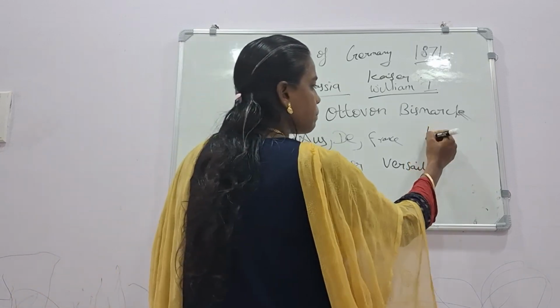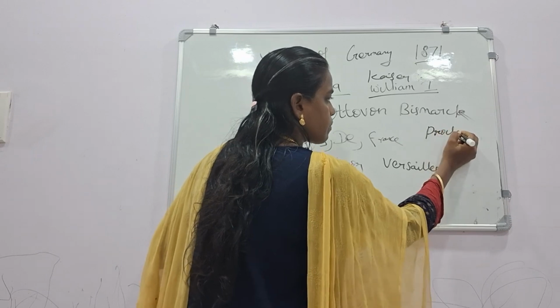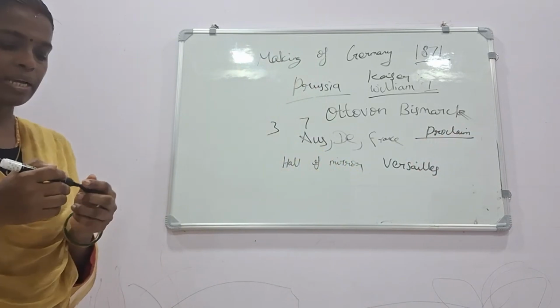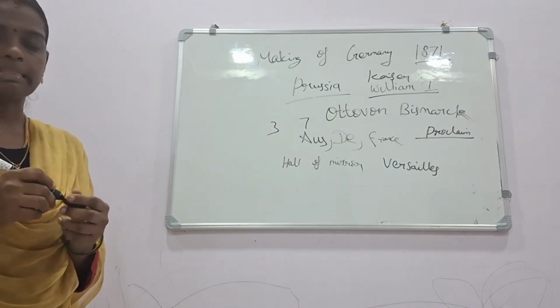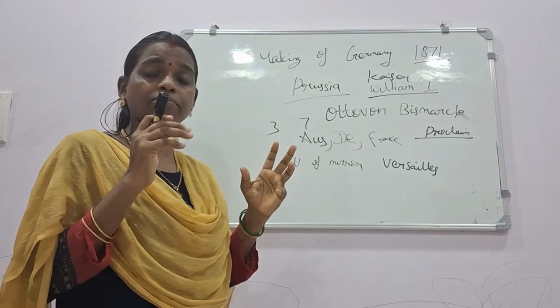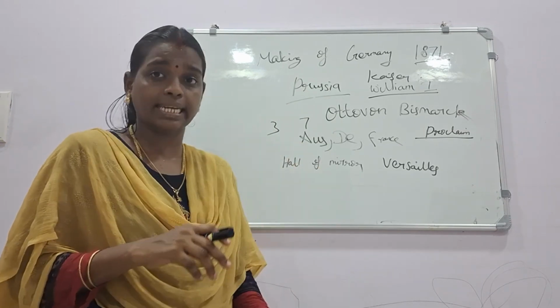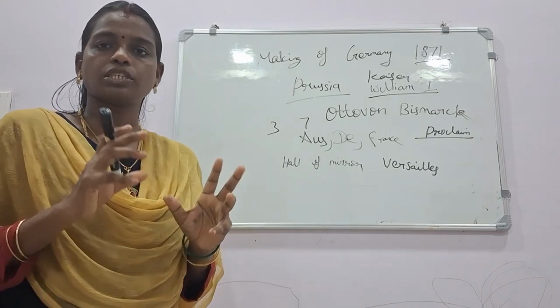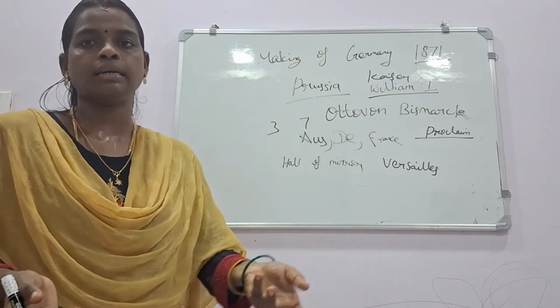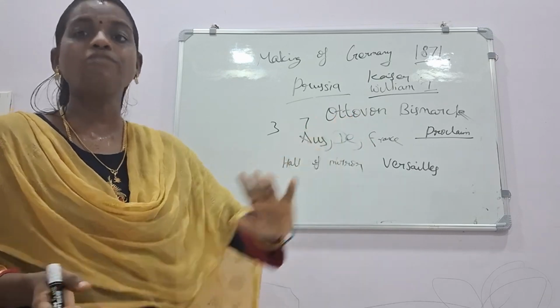What do I mean by proclaimed? Proclaimed means announced. In that meeting they decided on the unification of Germany, and they decided Kaiser William I was the king of Germany.